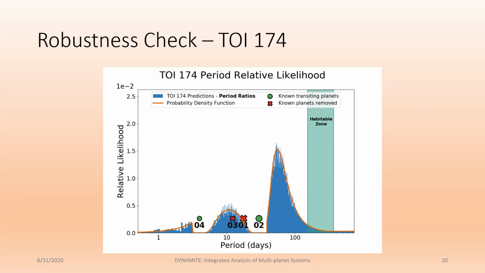Interestingly, the overall relative likelihood goes down when we remove the middle 2 planets, and the peak gets spread out in the log likelihood space between the 2 main planets. This is a consequence of running DYNAMITE looking simply for 1 additional planet and determining the likelihood based on that.